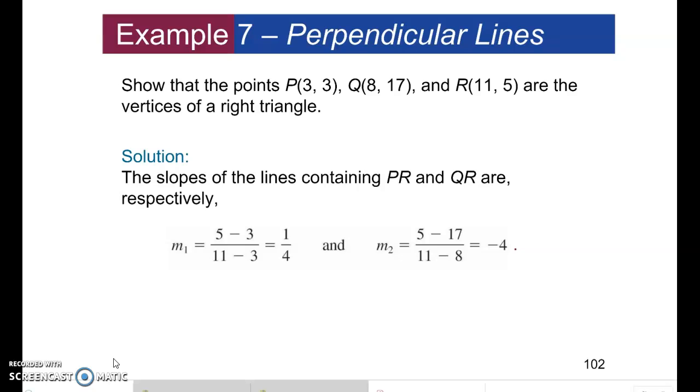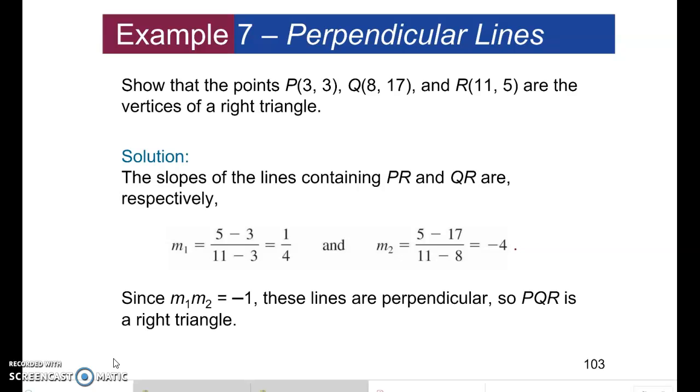Now I found the slope of line QR. I took R's y-coordinate, 5, minus Q's y-coordinate, 17, excuse me. And then I took R's x-coordinate, 11, minus Q's x-coordinate, 8. And I got 5 minus 17 is negative 12. Negative 12 over 11 minus 8 would be negative 12 over 3, which is negative 4.